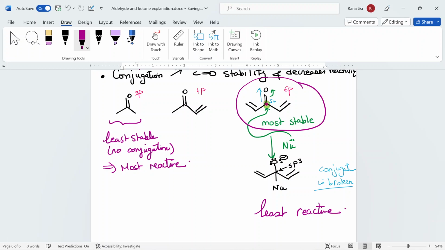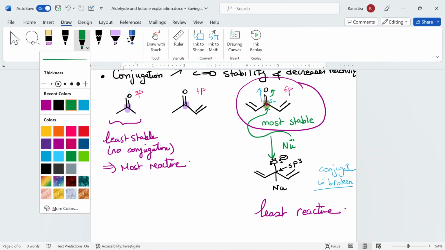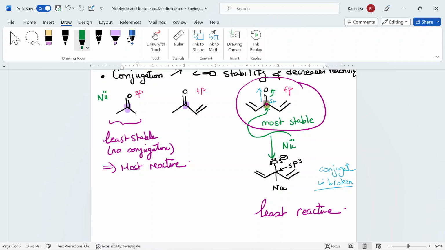So if I'm looking at the reactivity trend in form of a nucleophile attacking each one of these carbonyls in there, the nucleophile will prefer to attack the carbonyl of the ketone in this example. It's going to attack it faster than it attacks the carbonyl of the conjugated system.